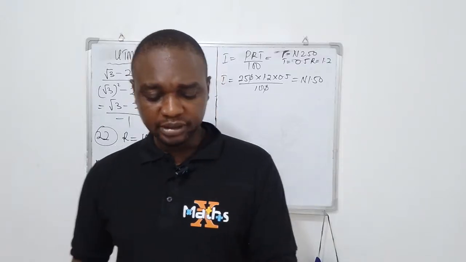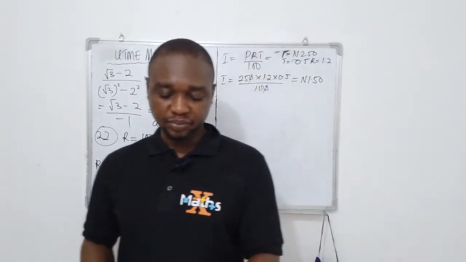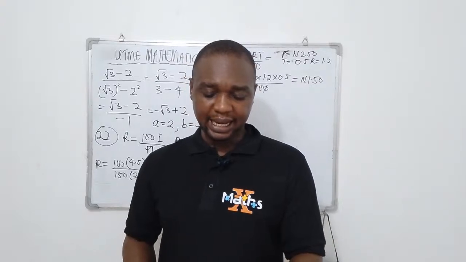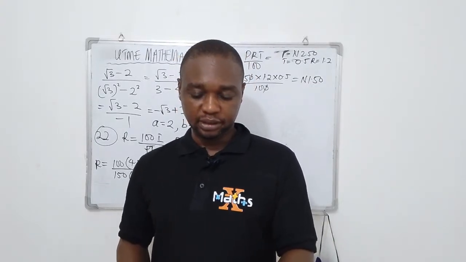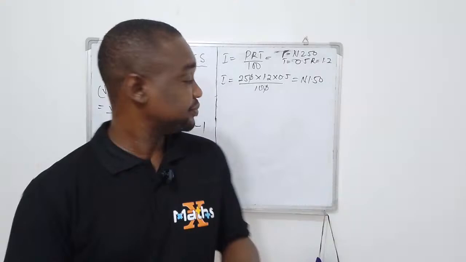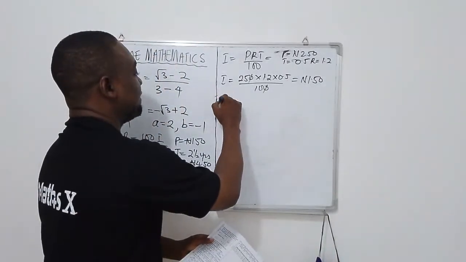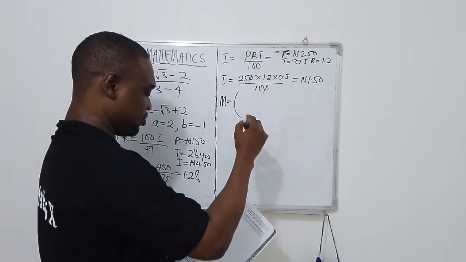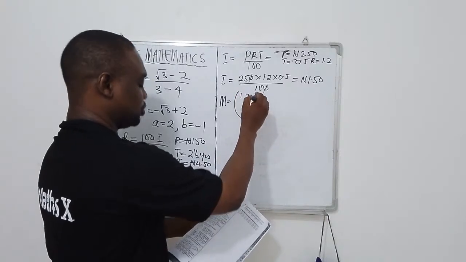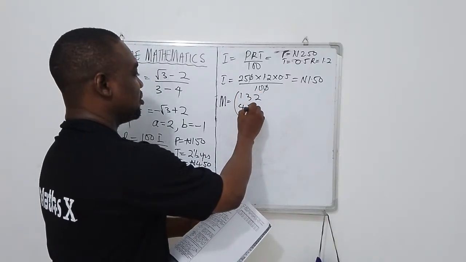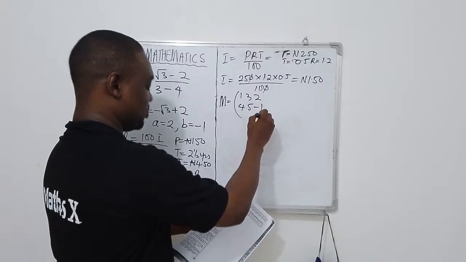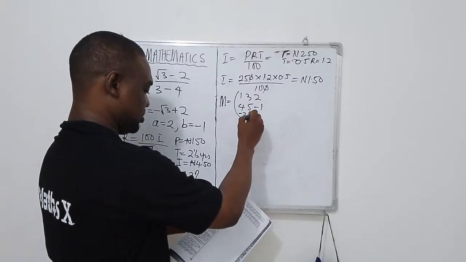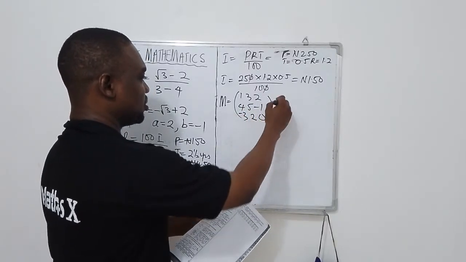For our number 23, it says that if M and N are two matrices defined by, for matrix M, M is given to us as 1, 3, 2, 4, 5, minus 1, minus 3, 2, 0.